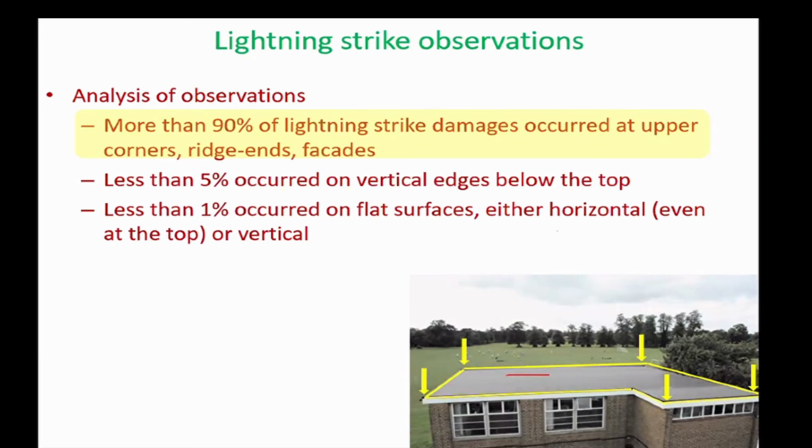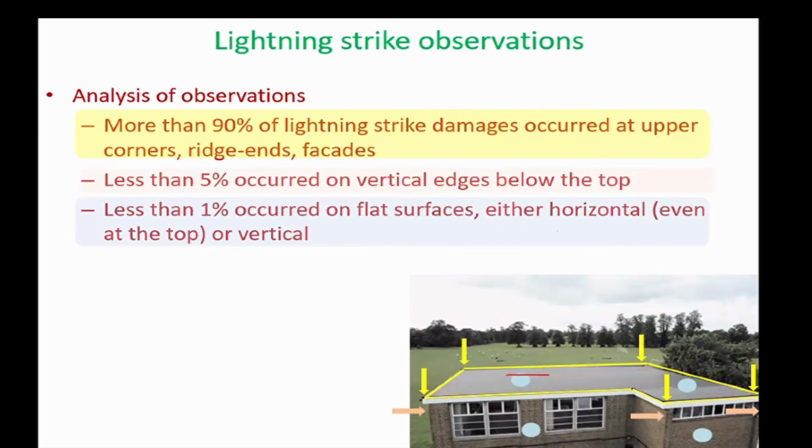All this data shows that 90% of the lightning strikes end up at these points shown by yellow arrows and lines. Less than 5% occurs on vertical edges below the top, like these points. And less than 1% occur on flat surfaces, either horizontal or vertical, like these places.